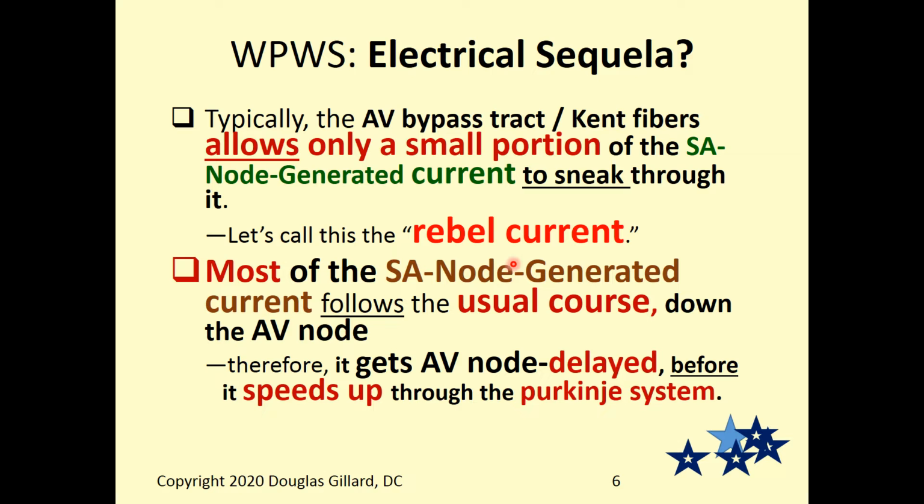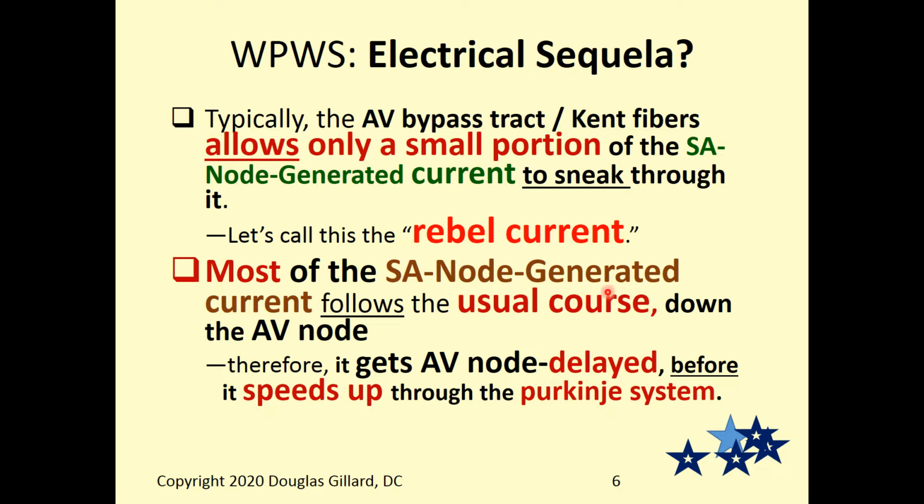But the electrical sequelae is, typically, the AV bypass tract, or the Kent fibers, allow a small portion of that current to sneak through and pre-excite the ventricles. We're going to call it, just for the heck of it, the rebel current. Rebels are groups that usually overthrow the government, and they invade and they're troublesome. And that's exactly what this current, the Wolff-Parkinson rebel current, does.